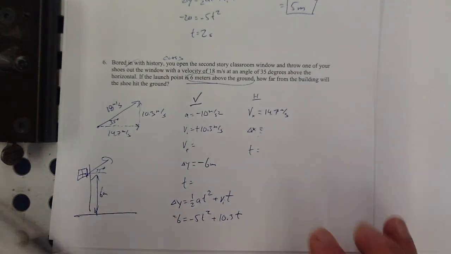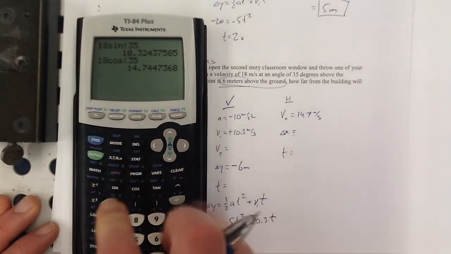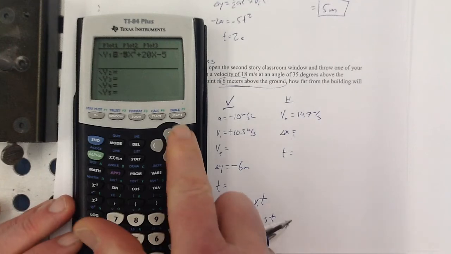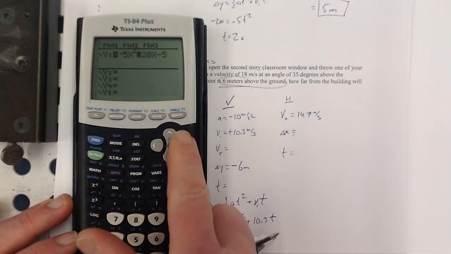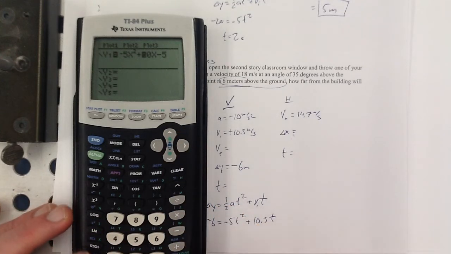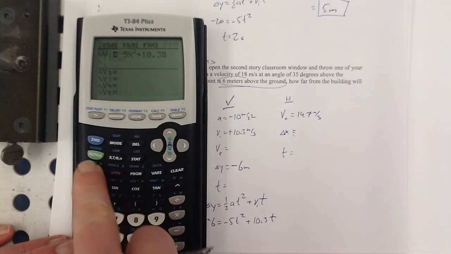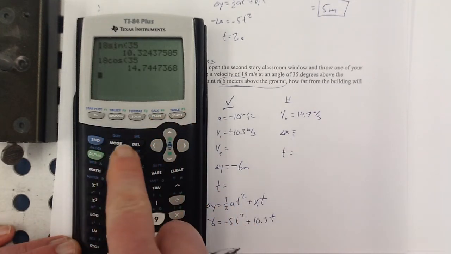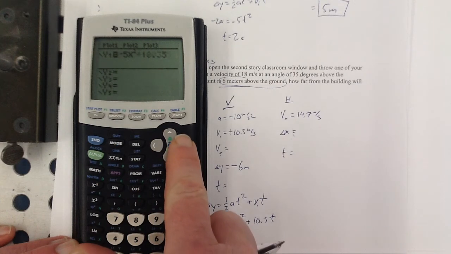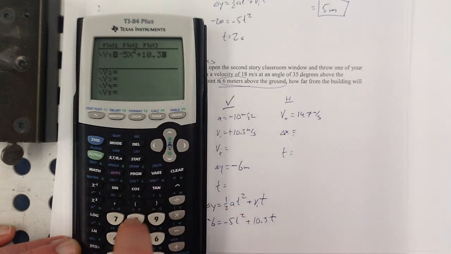So I'll bring that 6 over, and that's going to be 10.3. And then add the 6 over to the other side.